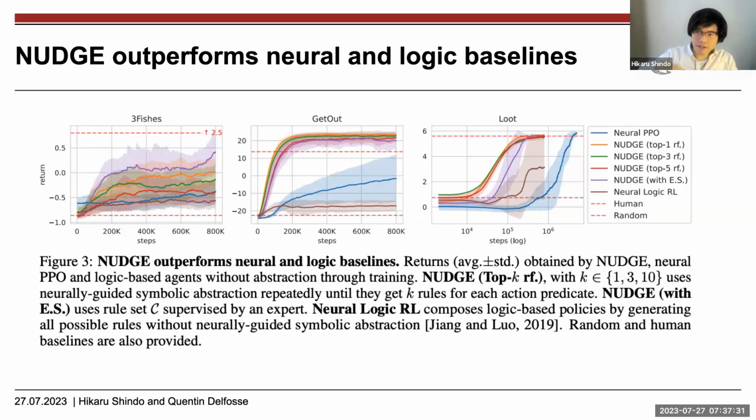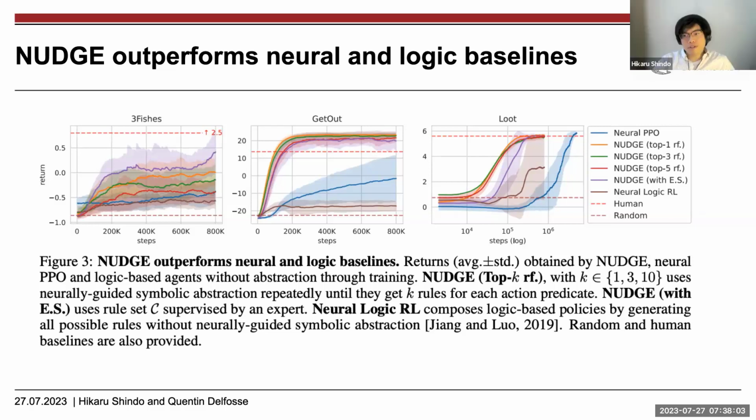So we have some variants in terms of the number of rules we keep. This is why you can see that top 1, which is the minimum number of rules that you keep, is the fastest learning one, and oftentimes the best performing one, because you only keep the one rule that is going to be really important for playing the game.